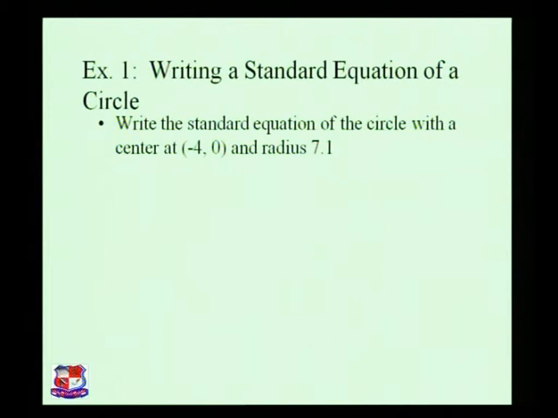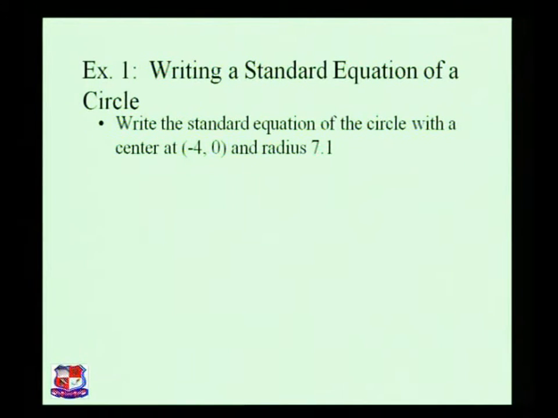So let us look at the examples which are related to the GTU examination. Let us start with one simple example: writing a standard equation of the circle. Write the standard equation of the circle with the center at (minus 4, 0) and the radius 7.1.